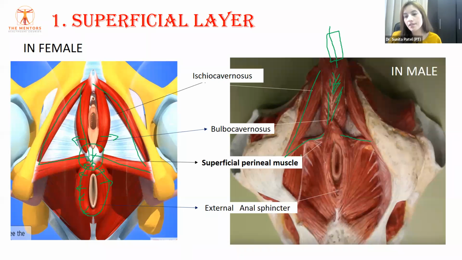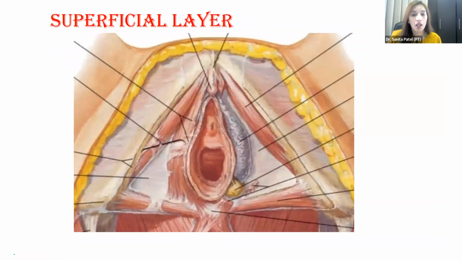Okay, so this is the male and female superficial layer. This is a very important picture which I kept. You can see the ischiocavernosus, bulbocavernosus, superficial transverse perineal, perineal body, external anal sphincter, and can you see this white sheath?